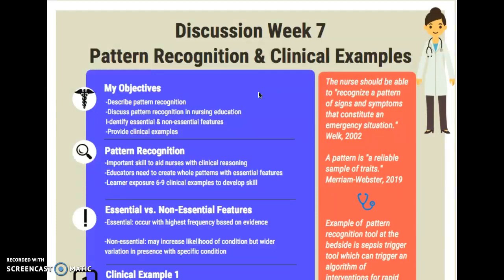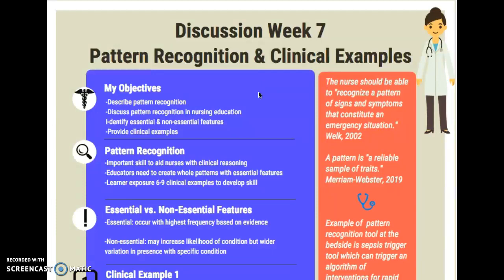And I liked that definition because of the word reliable that is used, which helps me to grasp this concept where the pattern gives us some idea of what you would expect to see in certain situations on a repeated basis. So I felt like that was one of the key things for me to grasp when I was trying to understand how this skill could be used in healthcare and for nurses.